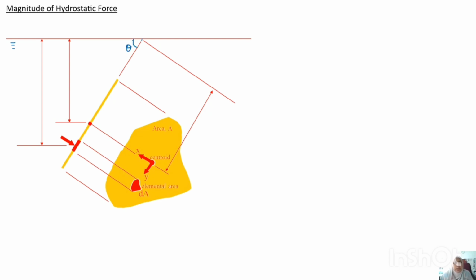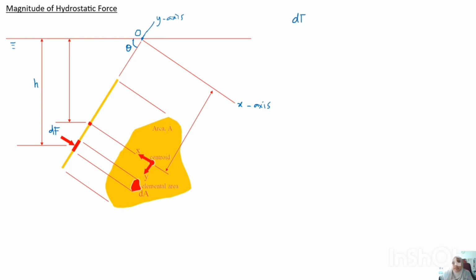Let's say this is a reference point O, and we consider this as our y-axis, and this as our x-axis. If we consider a certain depth on an elemental area dA, the force acting on this small area dA is dF.